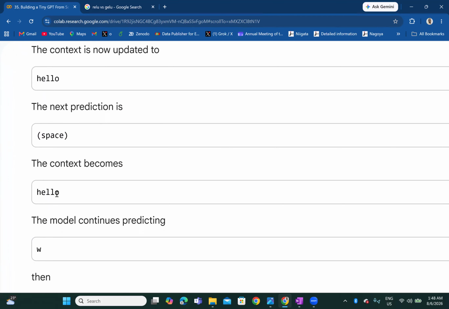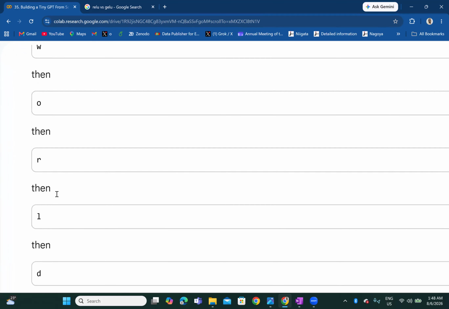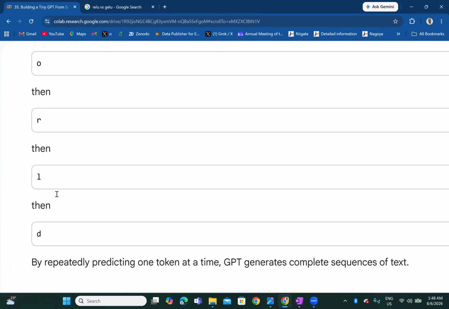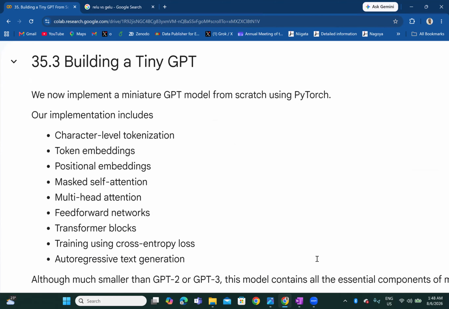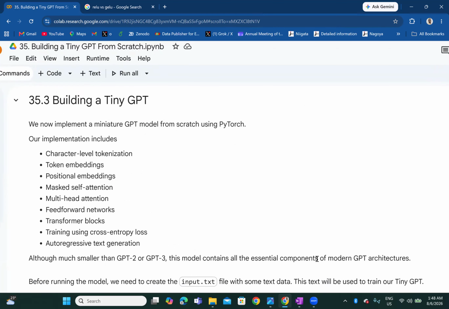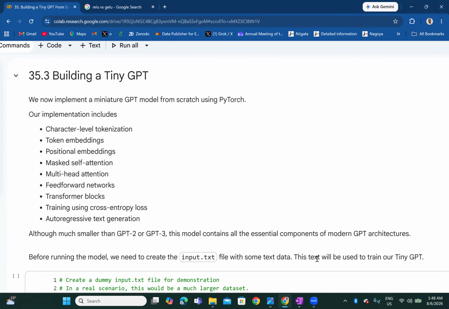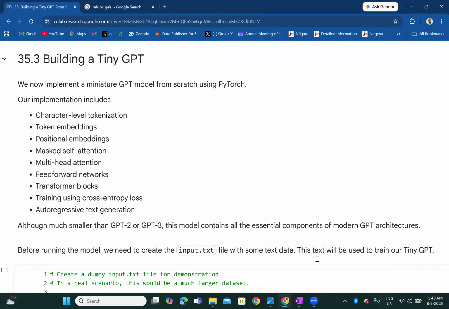Then the model continues predicting w, then o, then r, then l, then d. By repeatedly predicting one token at a time, GPT generates complete sequences of text. That is exactly why, when you prompt ChatGPT or any GPT-based model, you don't get the results in one blow. The results come sequentially because of this behavior.